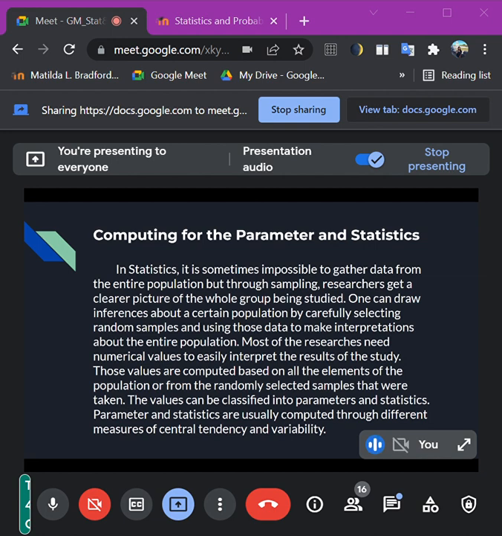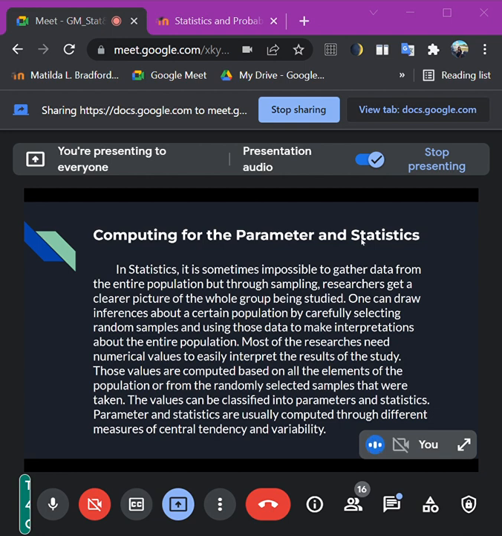Actually, you already got this in our previous lessons. Do you still remember? Okay. Actually, that is range, standard deviation, and the variance. Those are the measures of variability.